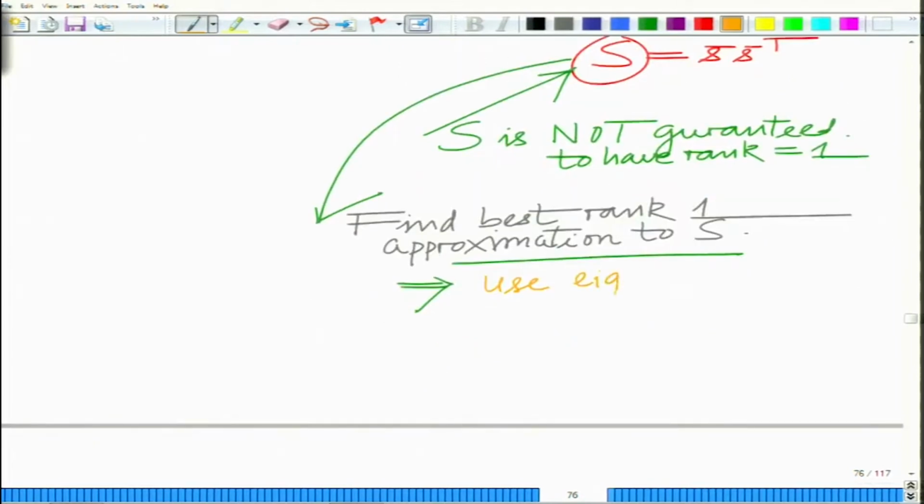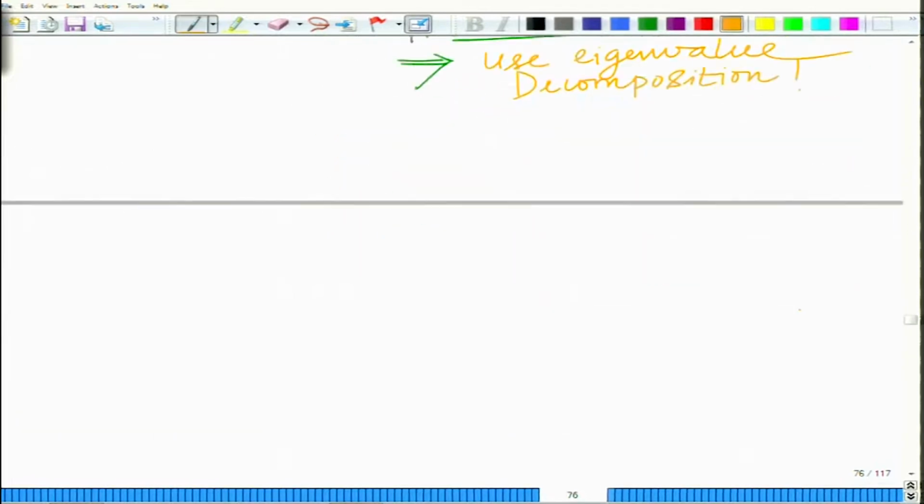Use the eigenvalue decomposition. Remember, the eigenvalue decomposition is as follows.